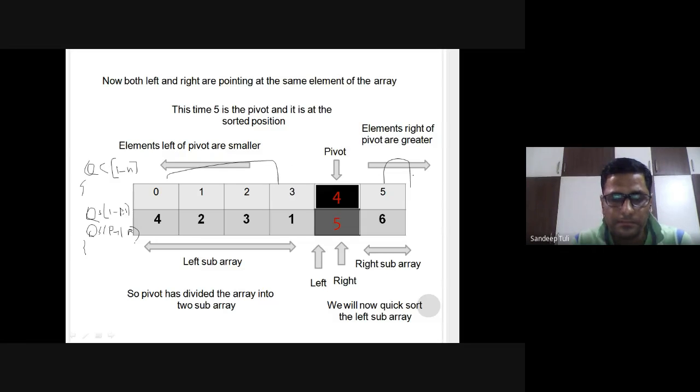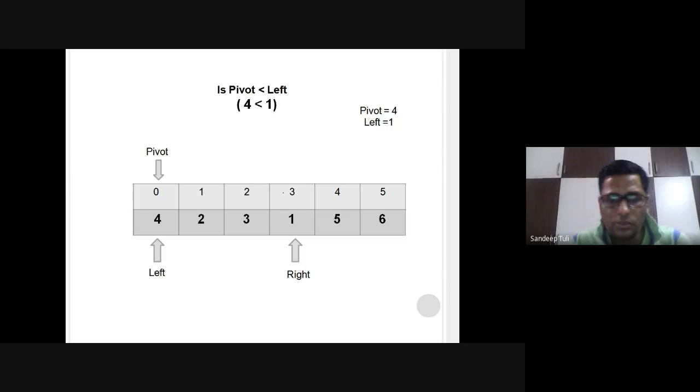Okay, sir. So again this part, now I am working on this part only, the left sub array. Left is 4, the first value, right is the last element, and pivot is the first element. Same thing we have done again.